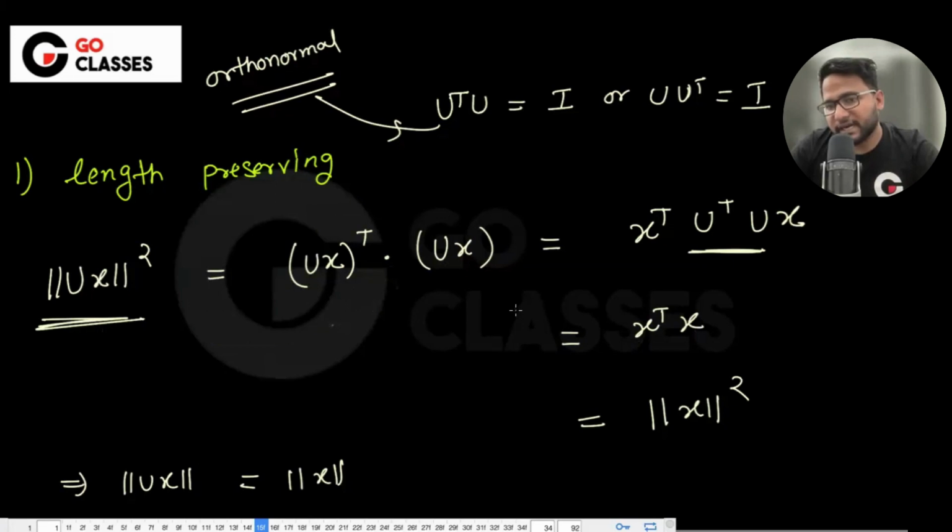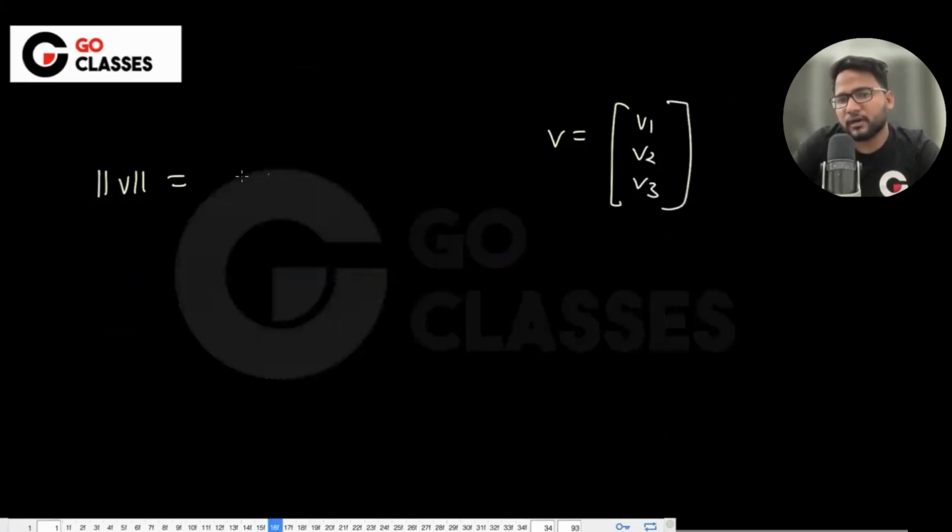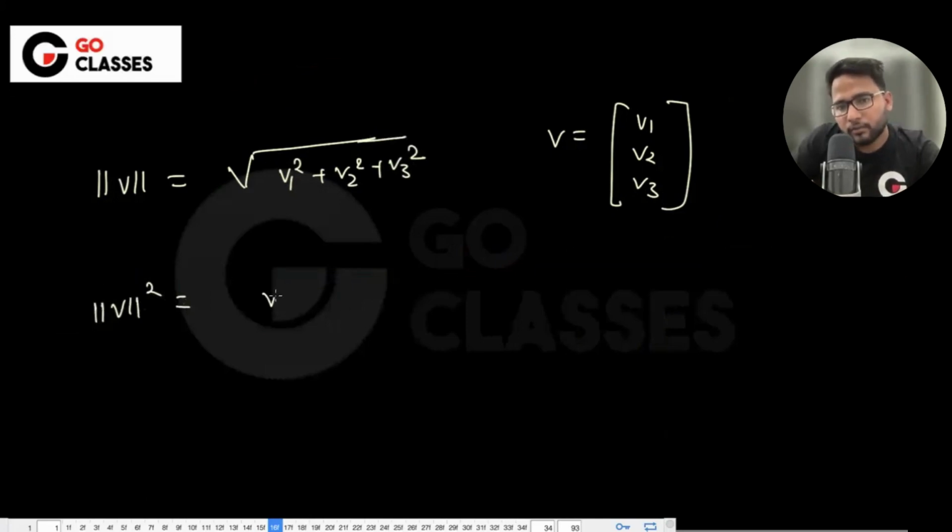For now, just take it on my word that length squared is nothing but a vector dot product with itself. You can easily prove it also. For example, the length of any vector v: let's suppose v is v1, v2, v3. Then the length of this vector is the square root of v1 squared plus v2 squared plus v3 squared, right? So length squared is v1 squared plus v2 squared plus v3 squared.